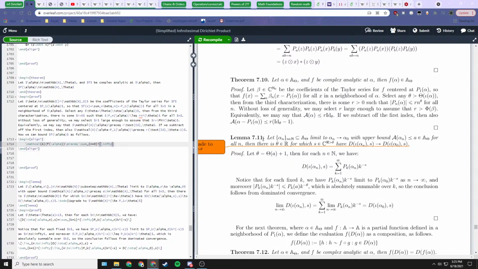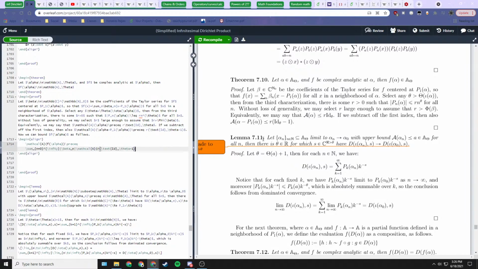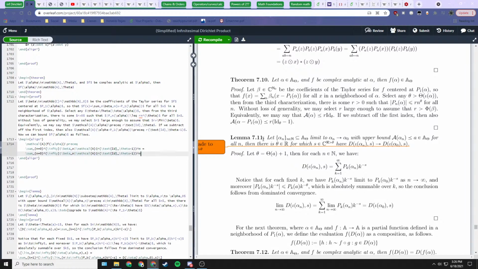Again, the coefficients are absolute value, so we have beta sub n, and then A of whatever we bound alpha by, alpha minus p1 alpha, to the power of n, and then the r's cancel out.